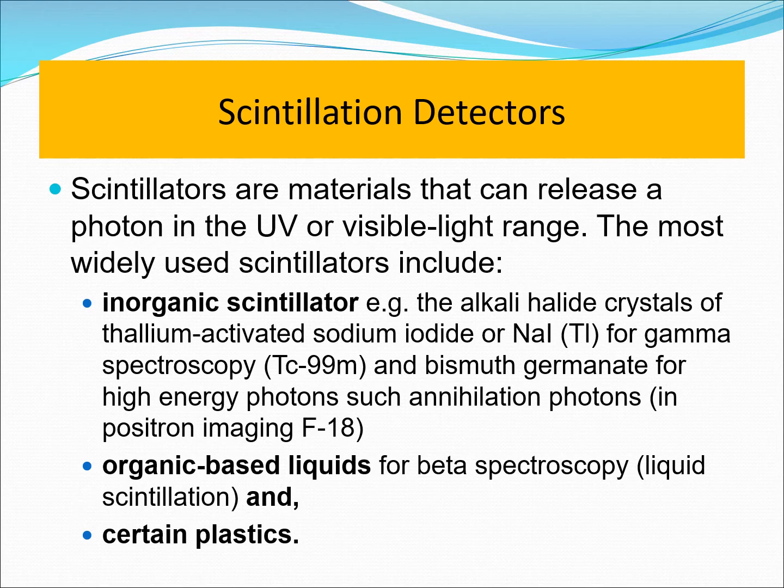However, when you are measuring high energy photons, such as those that result from the annihilation process, especially when dealing with positron emitters, annihilation produces photons of 511 keV. These high energy photons require a different inorganic scintillator. Usually bismuth germanate would be used for such purposes.